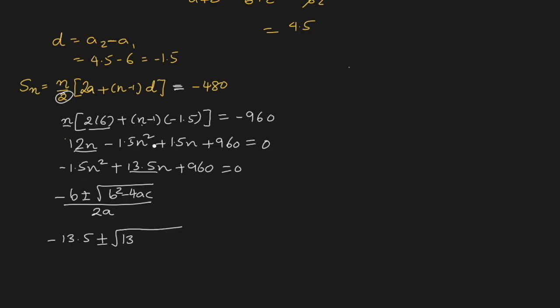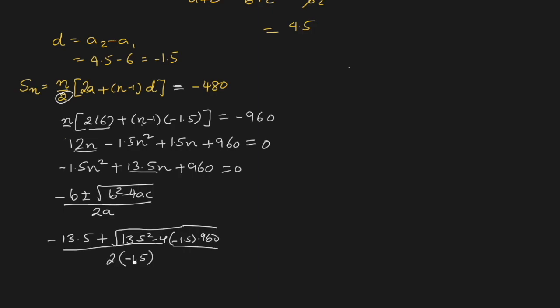Oh, let me only do the positive first. Okay, I'll come back to the negative one later. 13.5 square minus 4 times a is negative 1.5 times 960 is c, divided by 2 times negative 1.5.